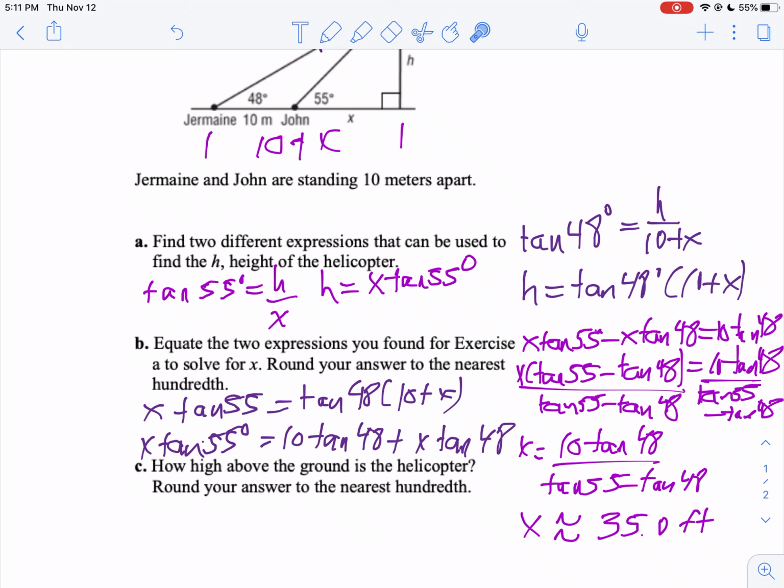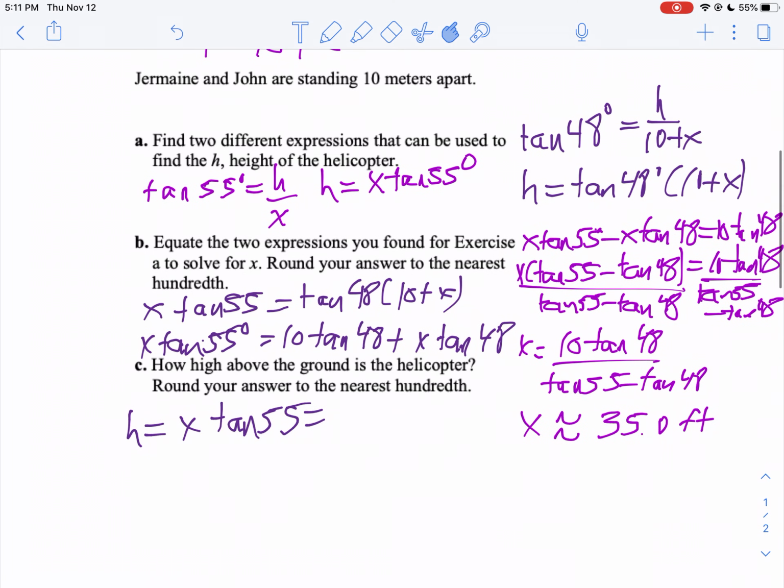Now, to find how high above the ground the helicopter is, I'm going to replace x. I'm going to replace x with 35. So in other words, and I think it doesn't matter which equation you use, I like this one. h equals x times the tangent of 55, which is really 35 then, times the tangent of 55.